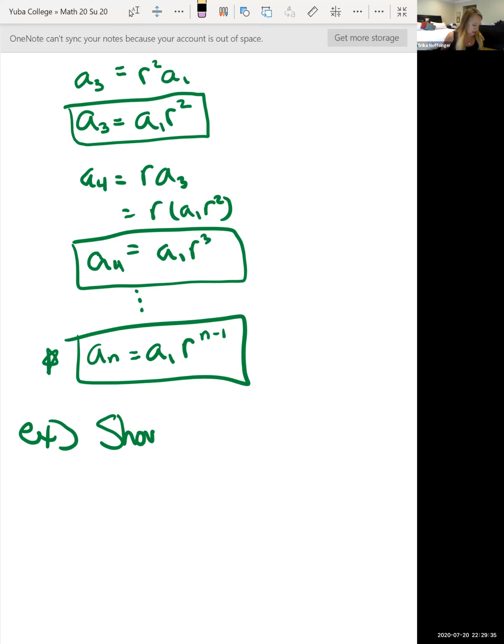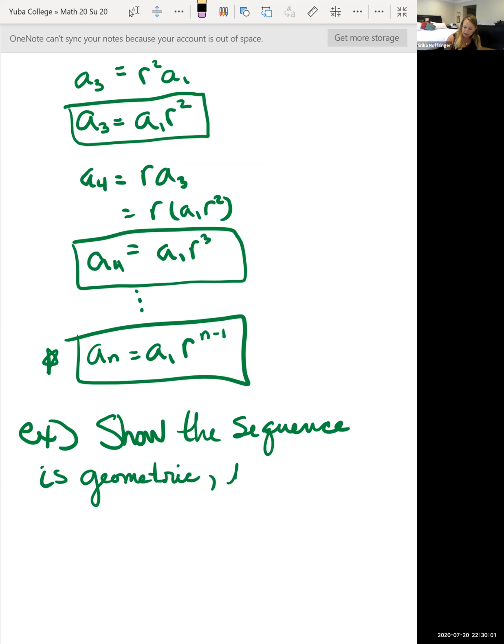Okay, so we want to show that the following sequence is geometric, and then we want to find the common ratio and list the first 4 terms. So, show the sequence is geometric. Find the common ratio.